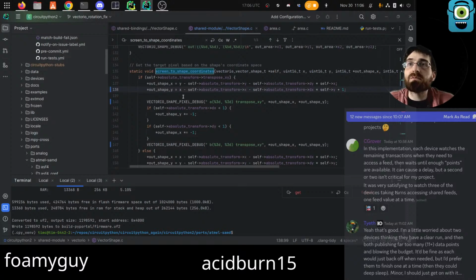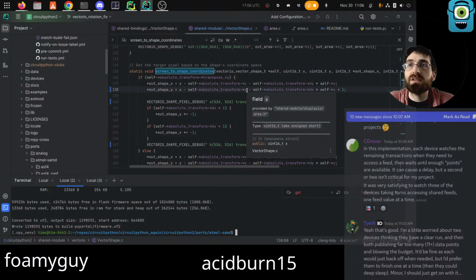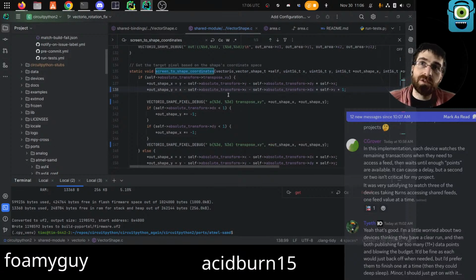Started out minus 1, I guess, because input x was 319 minus absolute transform x, that's 320, so there's our minus 1, minus dx, or dx times y.